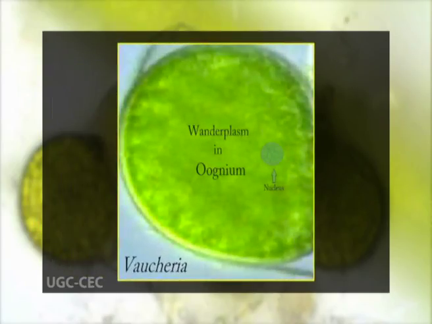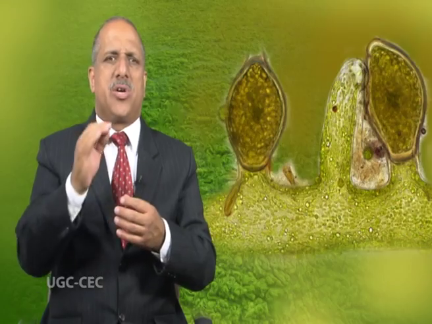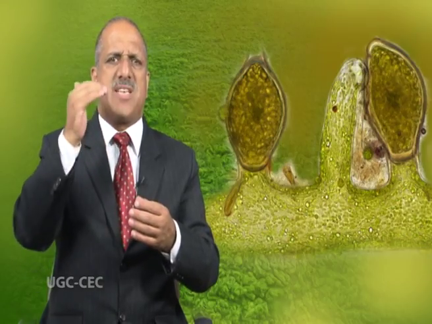The mature oogonium is spherical or subspherical with an apical beak. It has a single nucleus, the other nuclei present in the young state degenerate. Degeneration occurs after the septum is laid down.